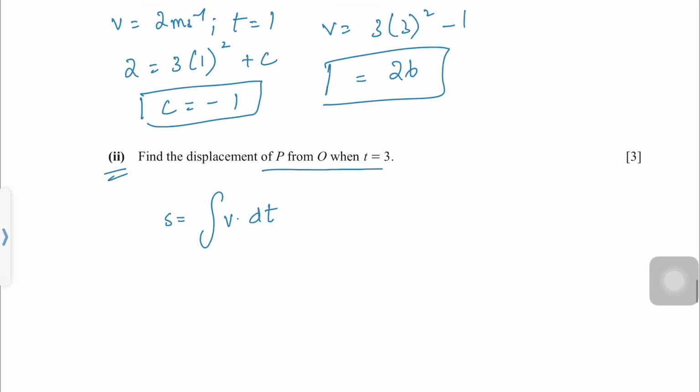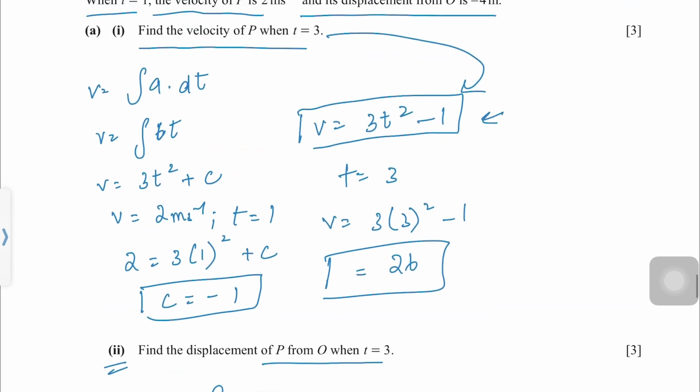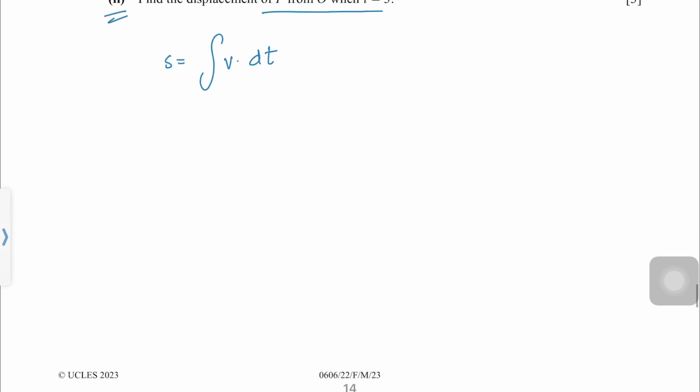Find the displacement of P from O when t is equals to 3. Now for displacement, we need to integrate our velocity with respect to time. Our velocity's equation was given as this, 3t square minus 1. We're substituting it here, 3t square minus 1, for our displacement.